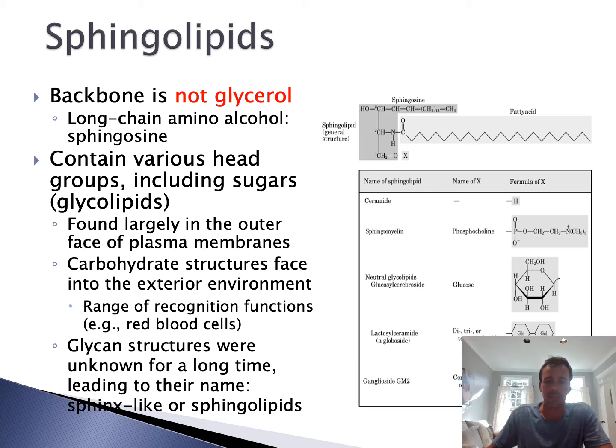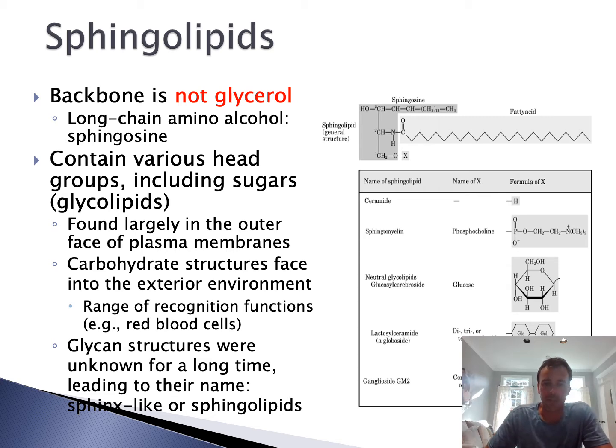And then you can have various head groups as shown here. If you have just a hydrogen there, it's ceramide. If you have phosphocholine, it's called sphingomyelin. And you can see all these here.